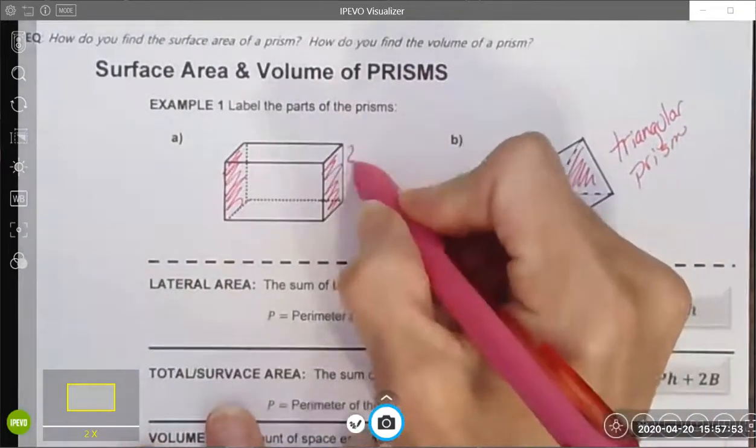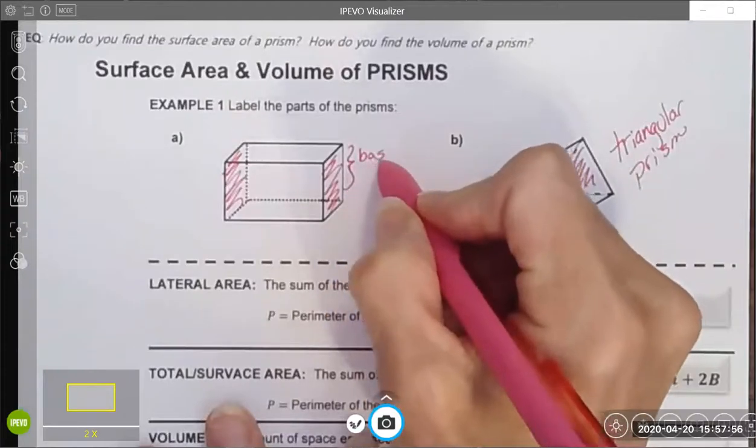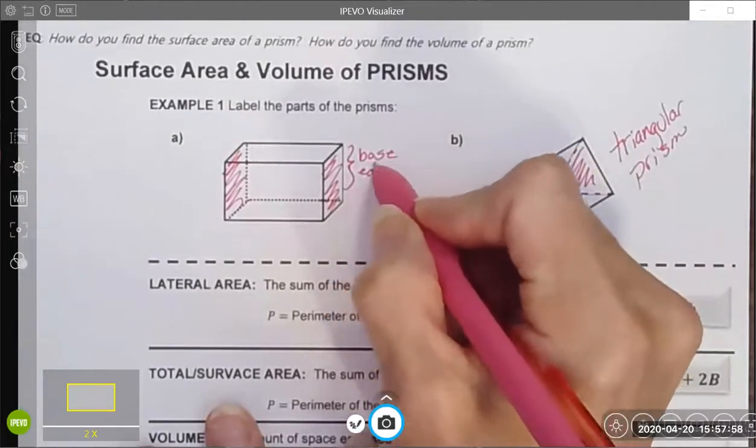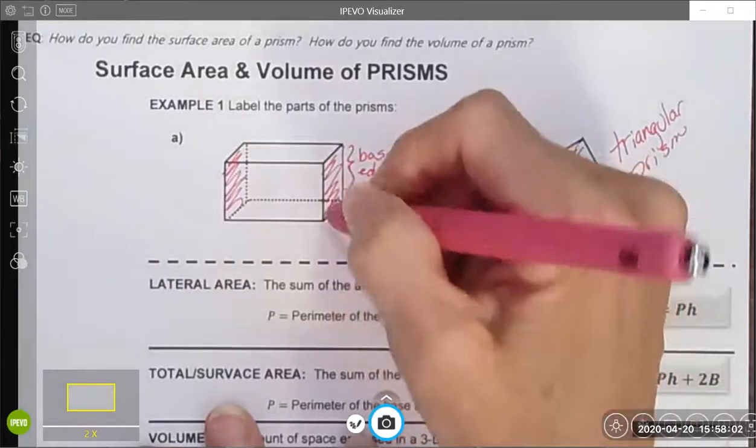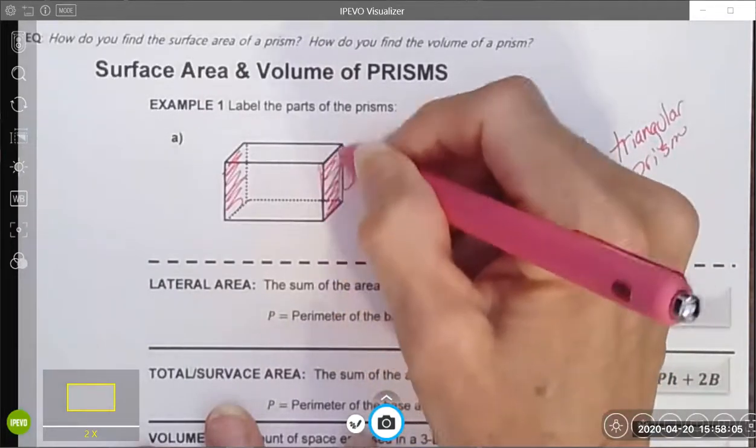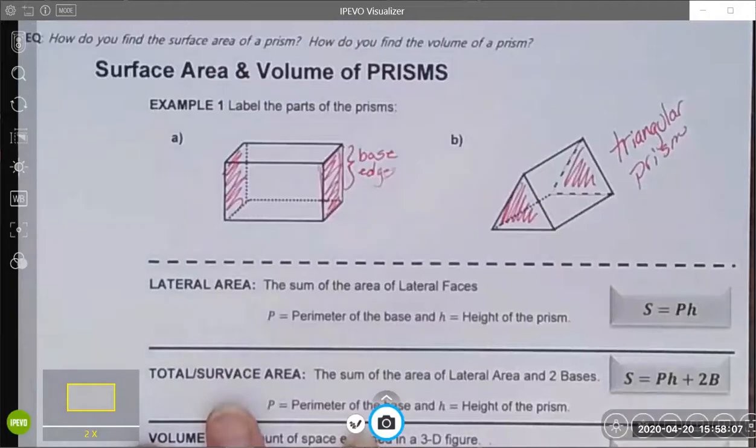So these, if I label this, are base edges, and those are the edges that surround and make up the base shape. Those are base edges, and those are the bases.